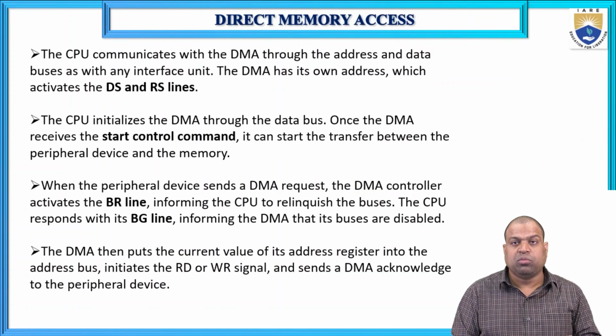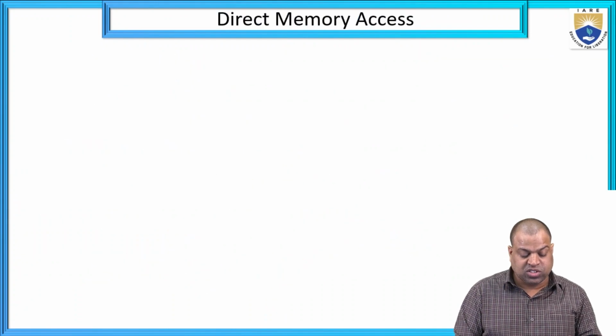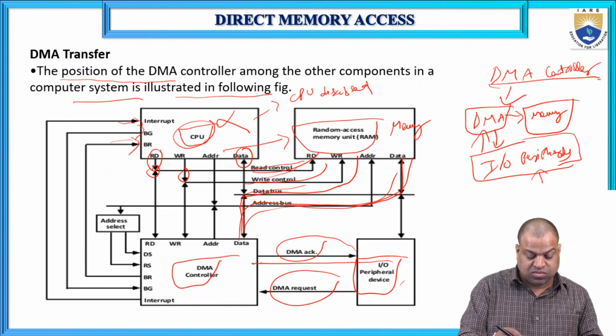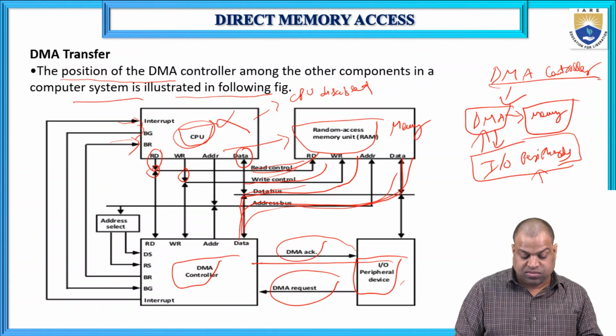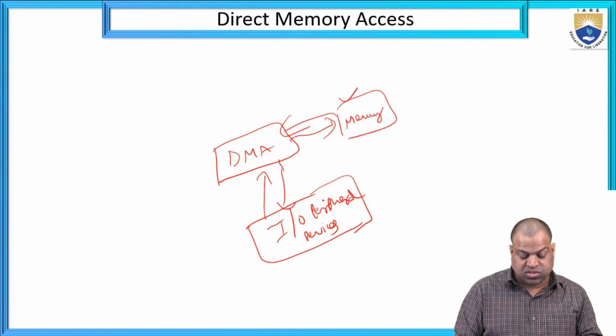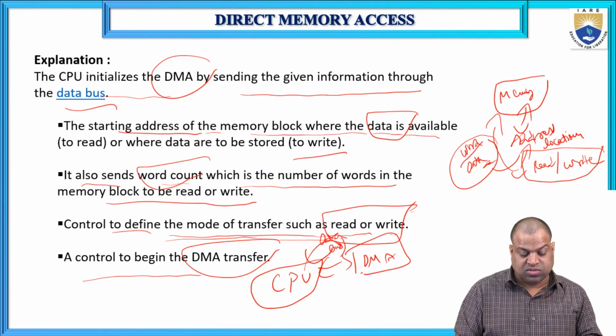The CPU communicates with the DMA through the address and data buses, as with any interface unit. The DMA has its own address which activates the DS and RS lines. We already discussed what DS and RS are: data bus and register.